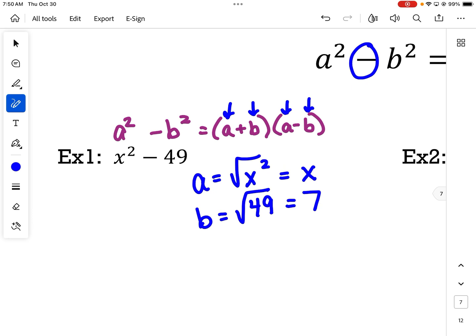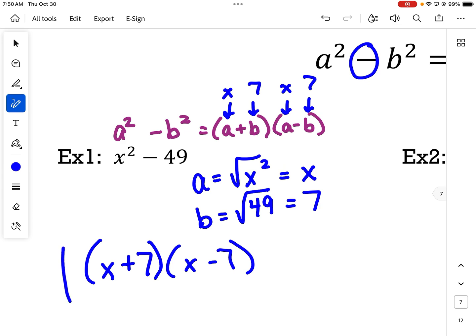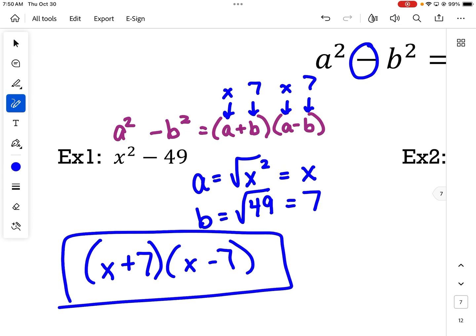So it'll be x and 7. So this will be x plus 7 and x minus 7. That would be the factored form.